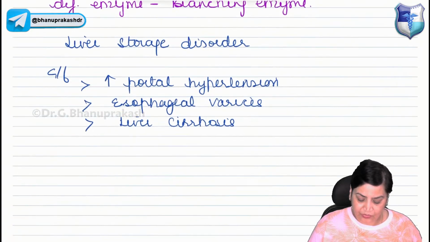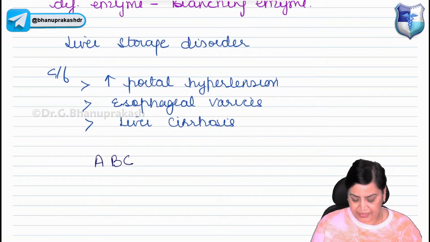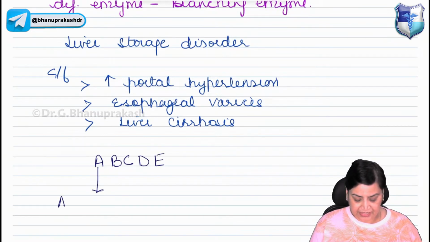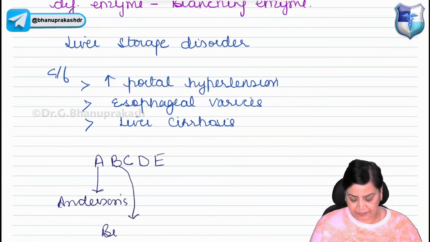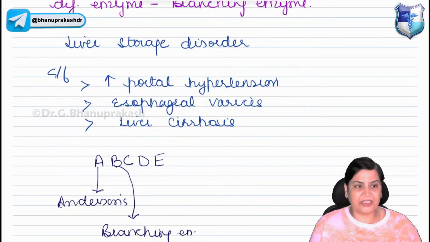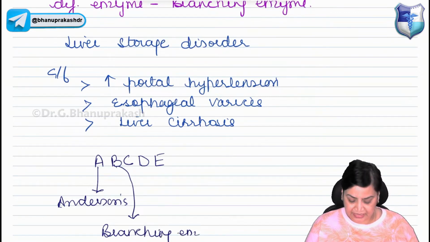Again, I'll just tell you one mnemonic. The mnemonic is A, B, C, D, E. A stands for Anderson's, B stands for branching enzyme. That is what I told you: Anderson's is due to the absence of branching enzyme.